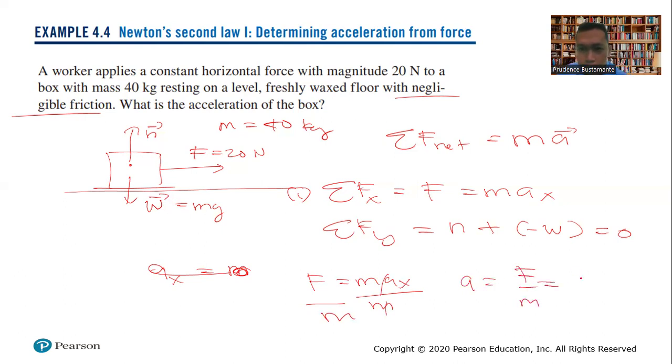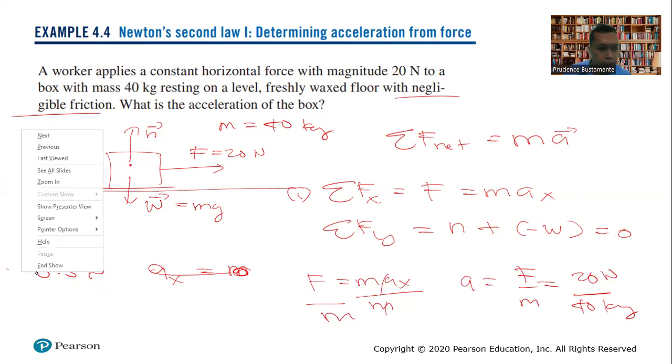Okay, so you have your force is 20 Newton and your mass is 40 kilograms. So you have 0.5 Newton per kilogram. Okay, so actually this is one half. So that is your acceleration.